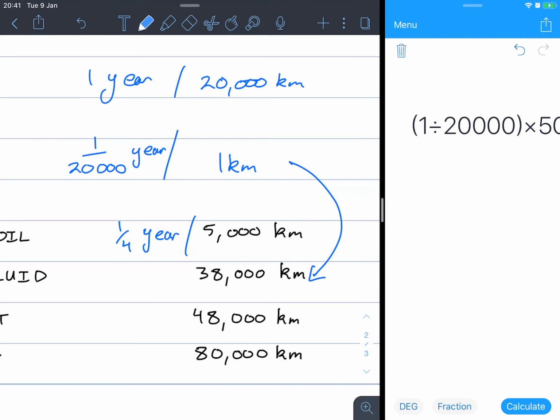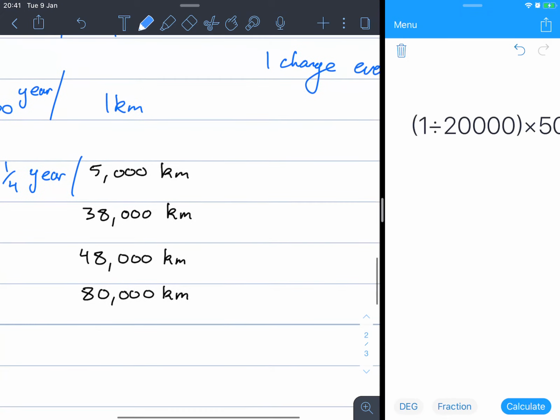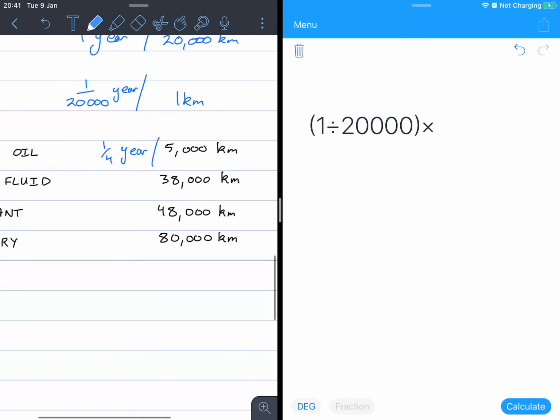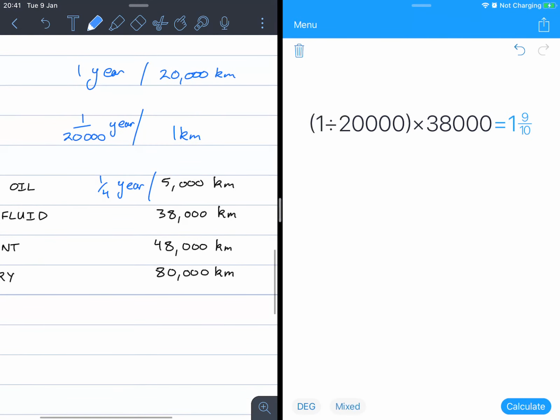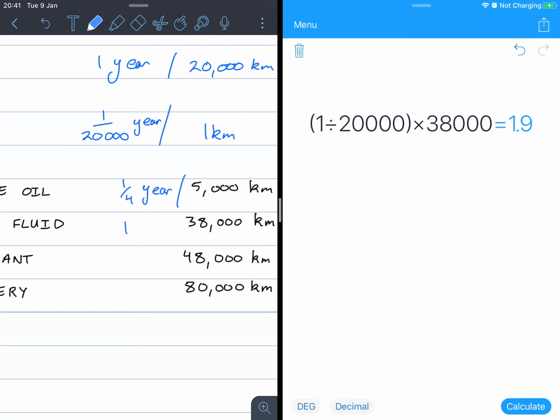Let's do the same to 38,000 for the brake fluid. Instead of 5,000, let's change it to times 38,000. That's 19/10, or 1.9 years. So every 1.9 years.